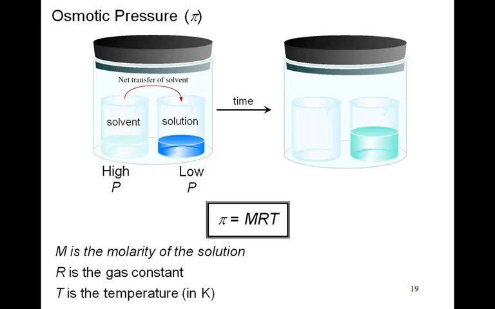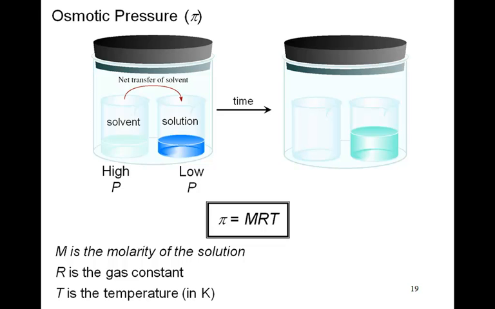Now, what is the purpose or the use of this equation for osmotic pressure? Well, like boiling point elevation, and in particular freezing point depression, it's very useful for determining the molar mass of the solute. If we do an experiment in which we can measure pi, the osmotic pressure, at a given temperature T, and we know how much solute we used in the solution, we can figure out the molar mass of that solute.